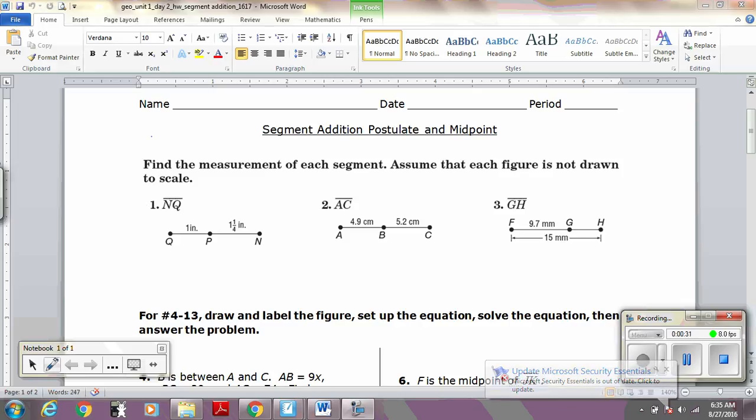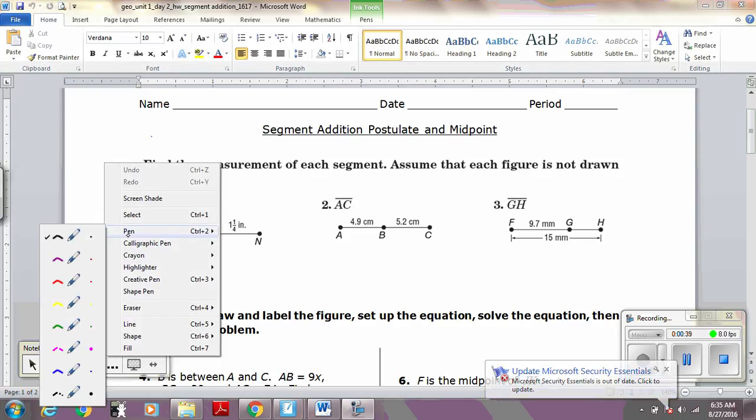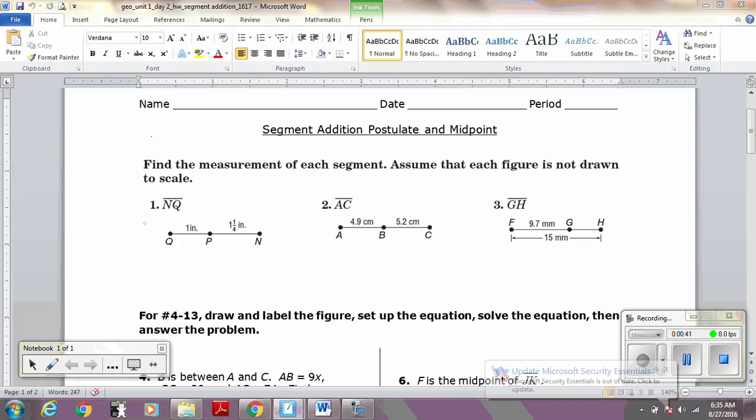So first, let's write the segment addition equation for everyone. Again, remember segment addition is part plus part equals whole. So for number 1, that would be QP plus PN is equal to QN.